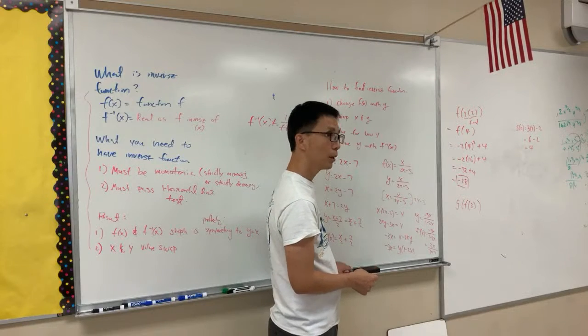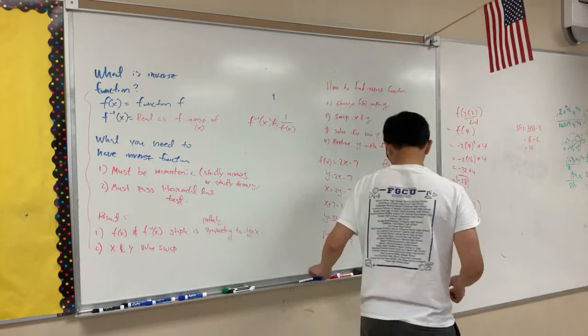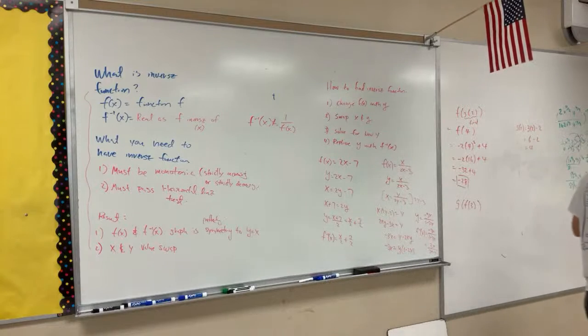Now here's my question for you. I want you to do all those questions here, and then I'm going to add one more. So 7, 8, 9. It's going to be f. No, I don't want to do f.